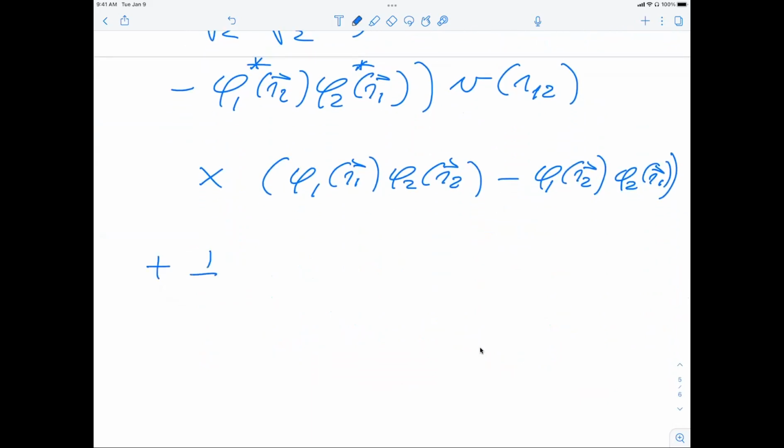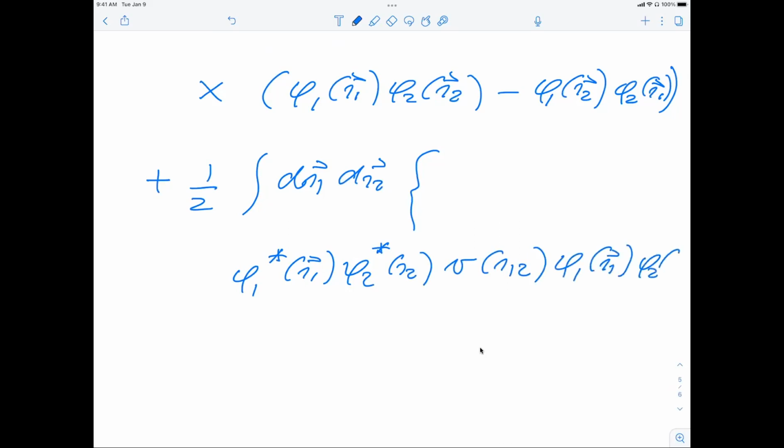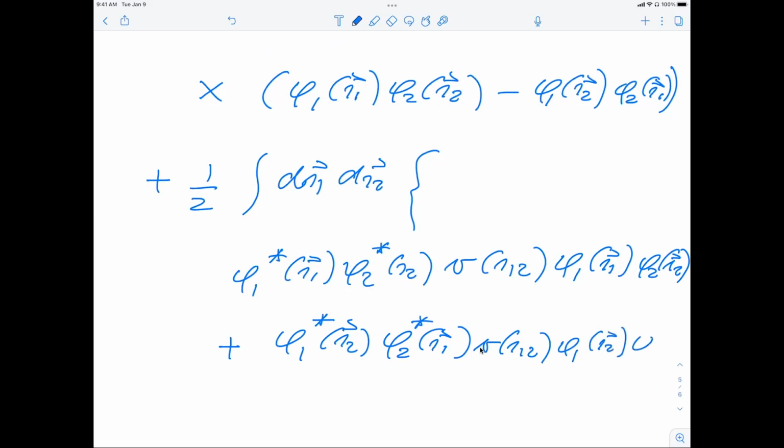So what I'm going to get then is a plus 1/2, integral dr1 dr2, and now I'm going to have phi 1 of r1, phi 2 of r2, v of r12, and then I have phi 1 of r1 and phi 2 of r2 here, and then I have plus, and I have a phi 1 of r2, phi 2 of r1, v of r12, phi 1 of r2, phi 2 of r1, and then end of the parenthesis.